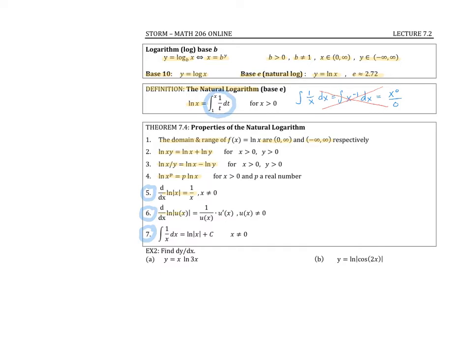In property 6, the derivative of the natural log of a function of x would be 1 over the argument times the derivative of the argument. And then we already talked about 7. If we're looking at the integral of 1 over x, it's going to be the natural log of, and we need the absolute values here, the absolute value of x.